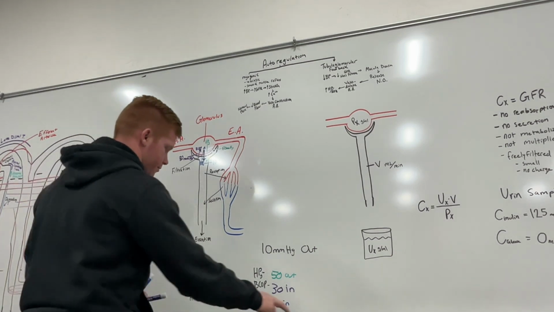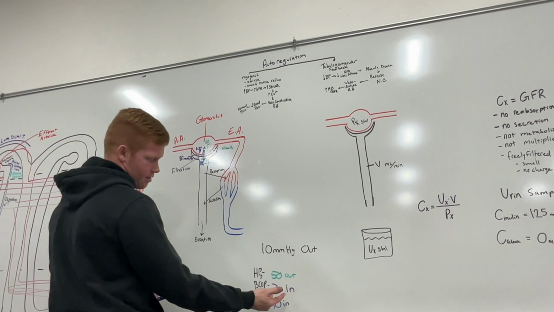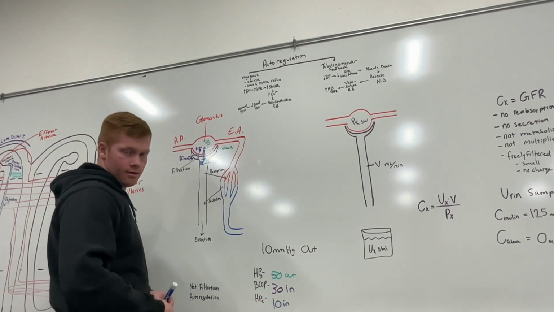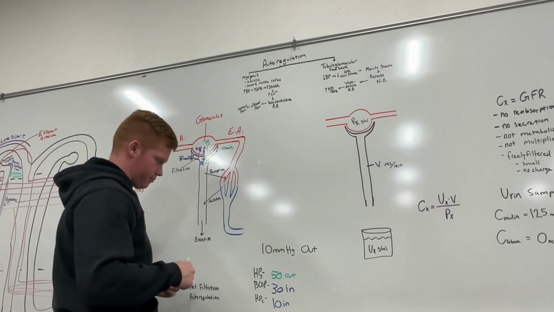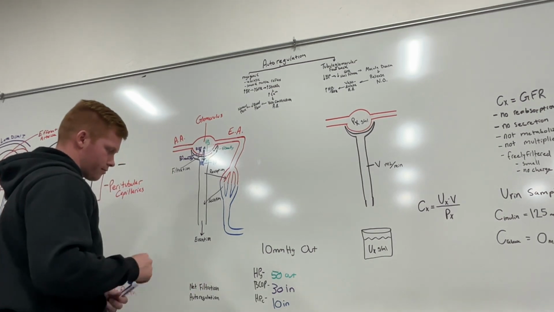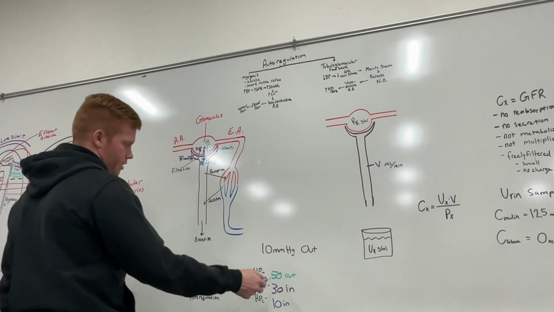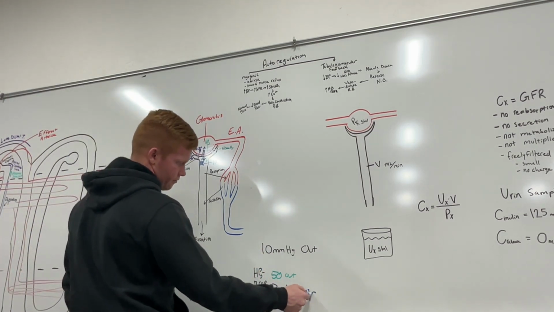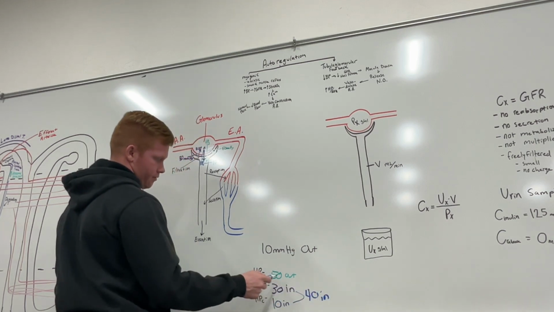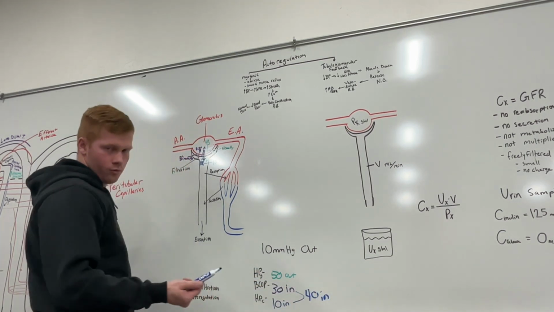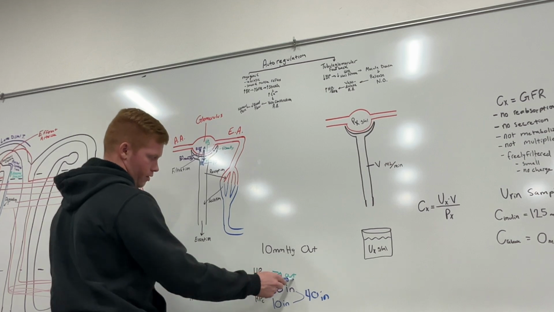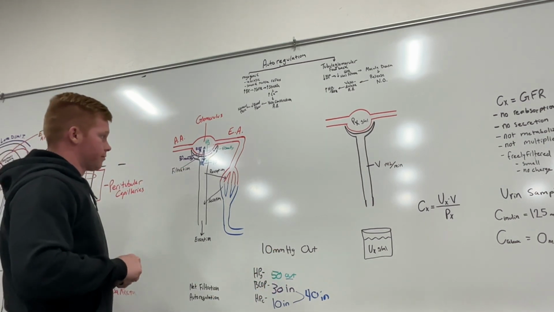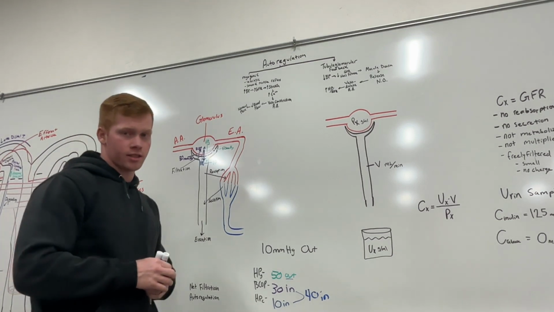If we add all of this up, we get 50 minus 30 minus 10, which gives us 10. So that's how we get the 10 out. You add these two up, it's 40 in. We take 50 minus 40, we get 10. Which one was the bigger number? Out was, so it's 10 out. And that's what makes this filtration possible.